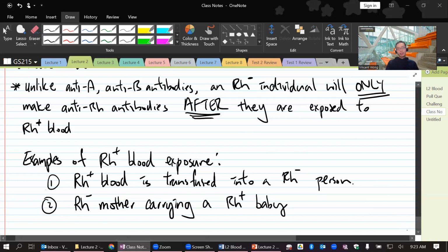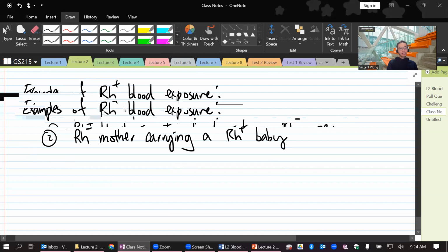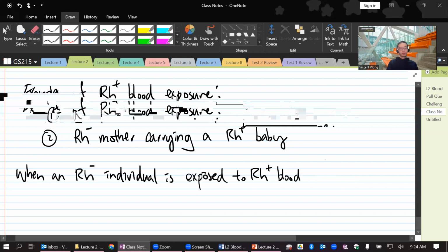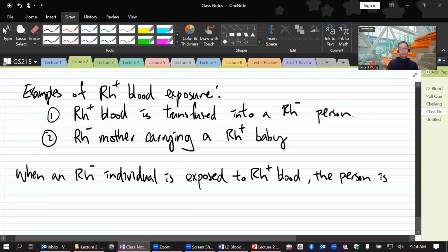Okay. Now I'm going to explain a few more things, and it will all make sense in the end. Okay, I promise. So when an Rh negative individual is exposed to Rh positive blood, either through wrong transfusion or the mother-child situation, the person is, we have a word for this, sensitized. Okay, sensitization.